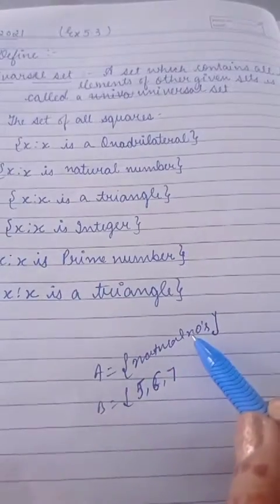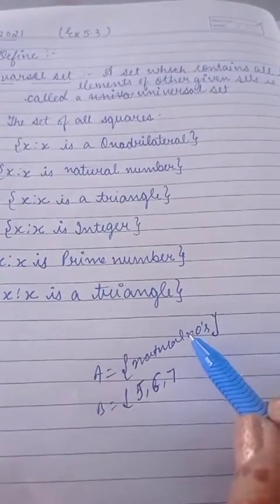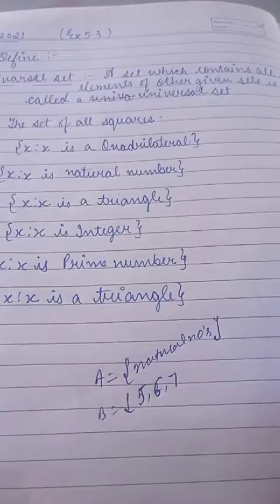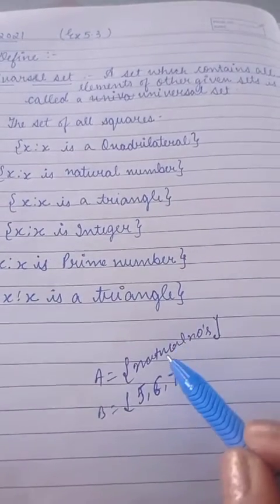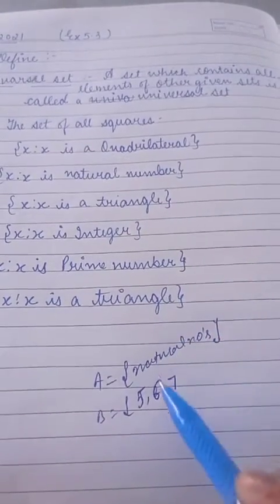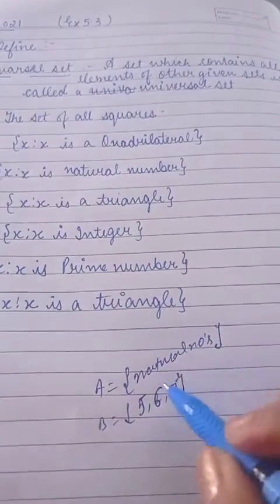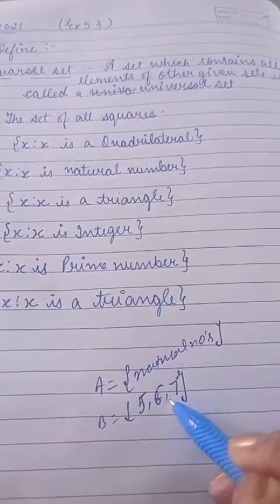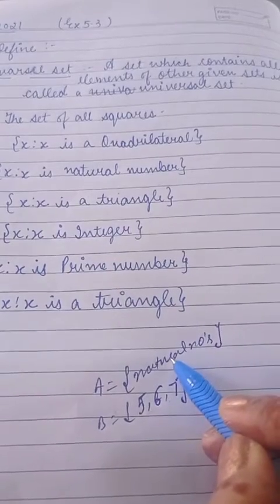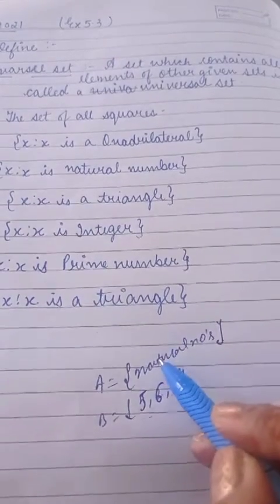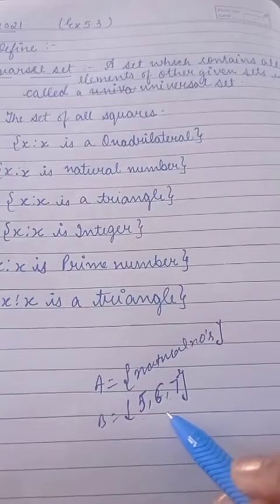A is natural numbers. Natural number starts from 1. So 1, 2, 3, 4, 5, 6 and so on to infinity. There are infinite natural numbers. Whereas set B only 5, 6 and 7, 3 elements are there. And these elements are the part of natural numbers. So we can say set A is universal set of B.